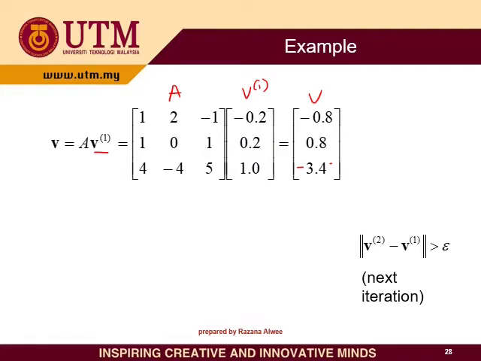Regardless of the sign, 3.4 is the biggest. If you look at the sign, the biggest would be 0.8, but if you just look at the magnitude, it is 3.4 that is the biggest. That's the magnitude, the absolute value.